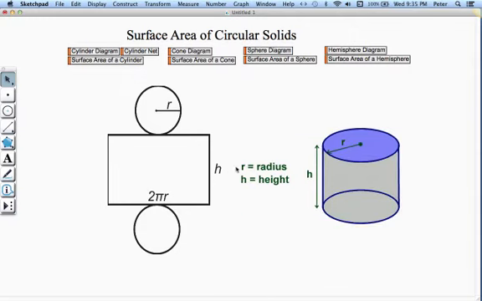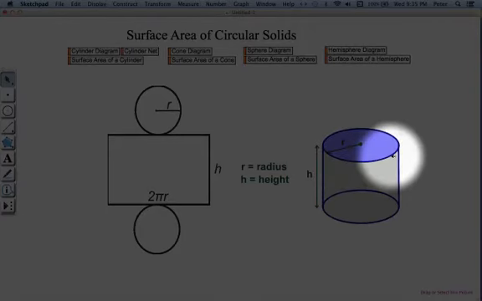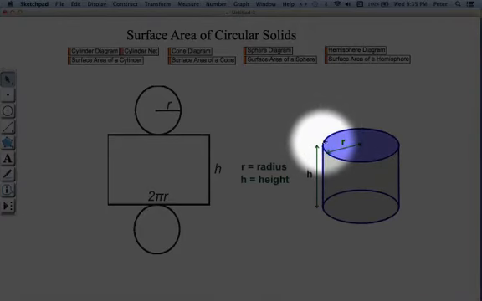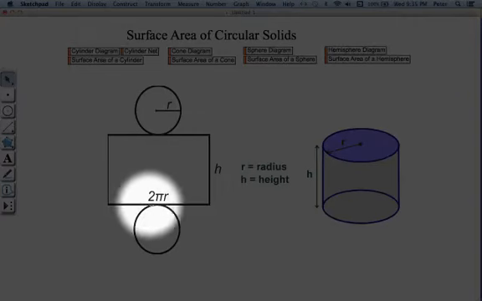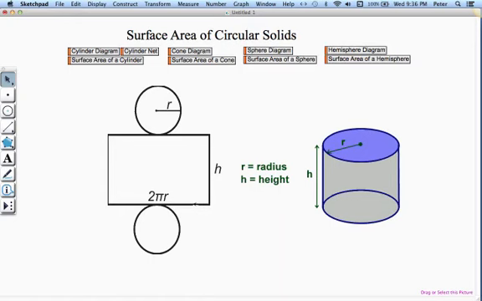And you can see that the height of the cylinder becomes one dimension of the rectangle, but then the length is actually the circumference of the base. So that's why it's represented as 2 pi r. So a cylinder has two dimensions, just height and radius, and when flattened out, the radius actually becomes part of this rectangular region, which makes up the lateral face of a cylinder.